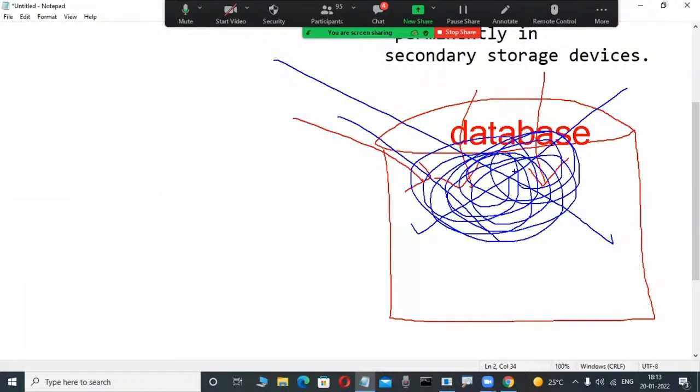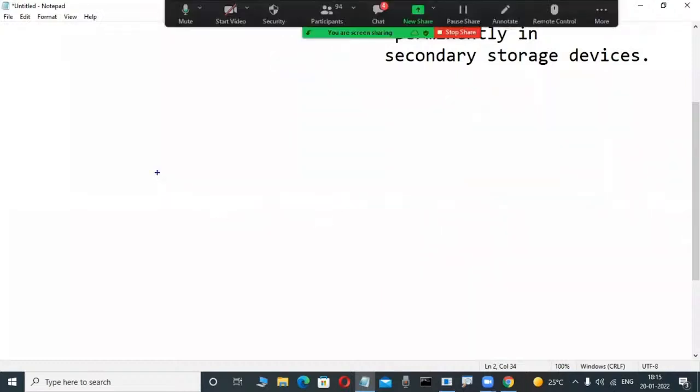These databases only store a structured collection of data. That is important. Nowadays, for storing any random collection of data, there are some non-relational databases, that is MongoDB. That is different. Oracle, SQL Server, DB2 are relational databases.